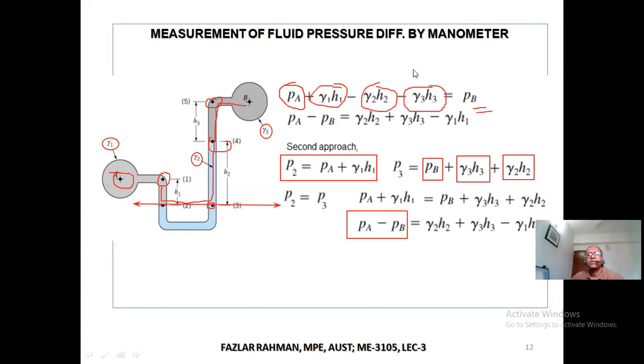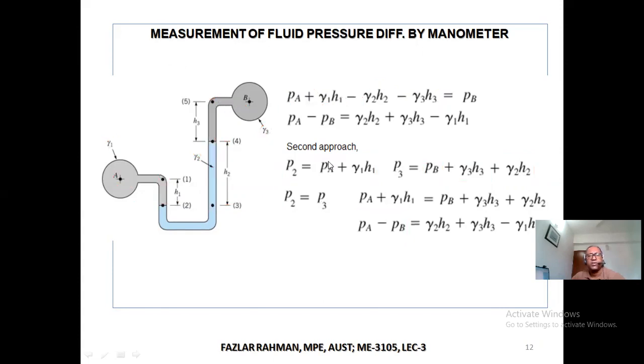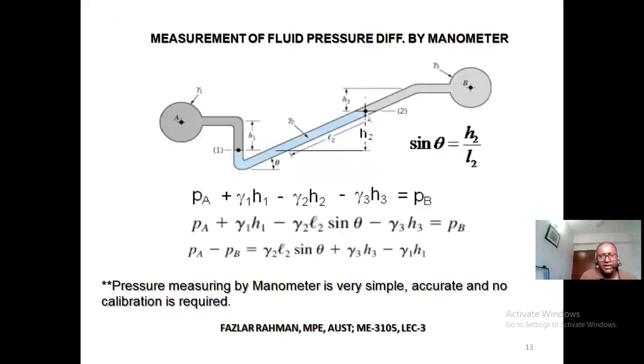Okay. Very simple. Right over here is an inclined manometer. Now, how can we figure out the pressure difference? Same thing. But right over here, when you figure out the vertical height, you might have to use the angle. For example, you have a point over here, a point over here.